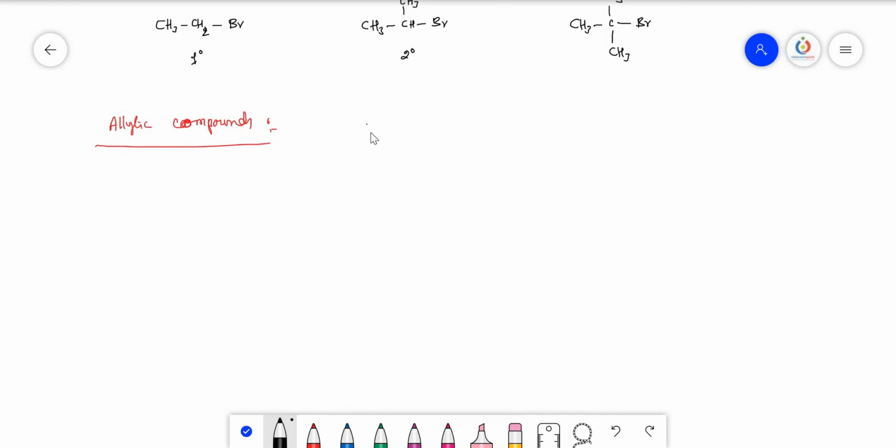Allylic means CH2 double bond CH single bond C. If any double bonded carbon atom is connected to an sp3 hybridized carbon, that is called the allylic carbon. This is the carbon which is called allylic. And here a double bonded carbon atom is there, to which an sp3 hybridized carbon atom is bonded. This is called the allylic carbon.